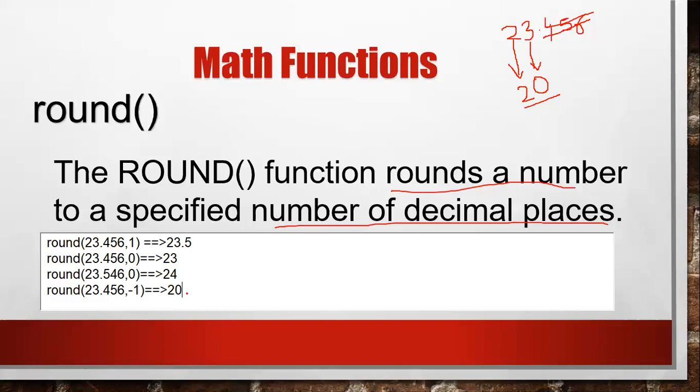Now suppose we have written round 26.456 comma minus 1, then what will happen?